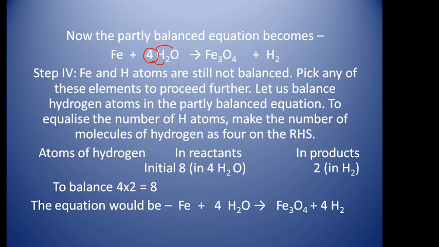Now you have to make this equal. So in the reactant side it is now 8, and in the product side it is now 2. How will you make it equal? Simple. If you multiply this number with 4, this will become equal. So you have to put this 4 as the coefficient in front of hydrogen.